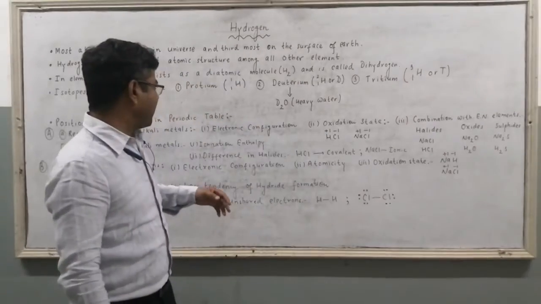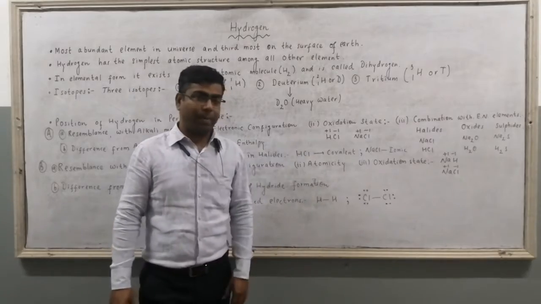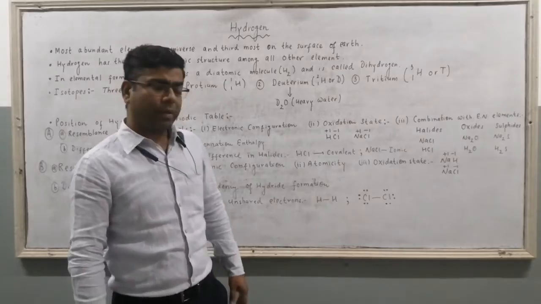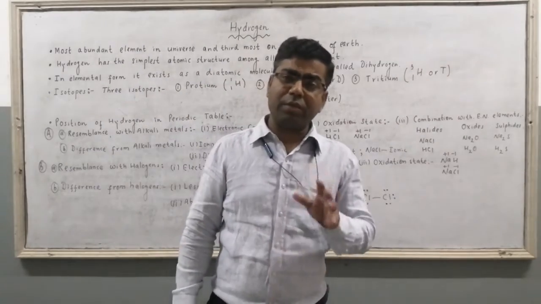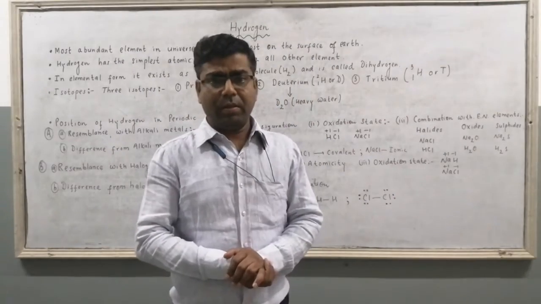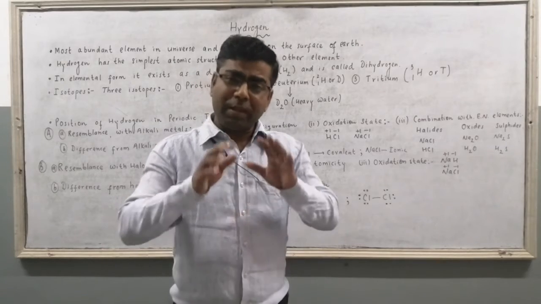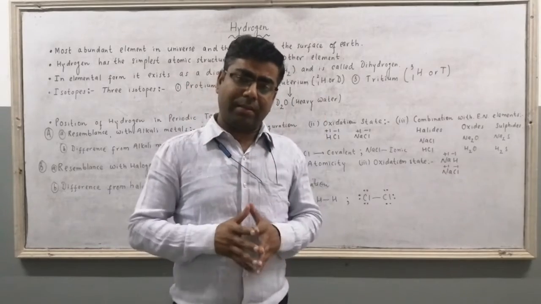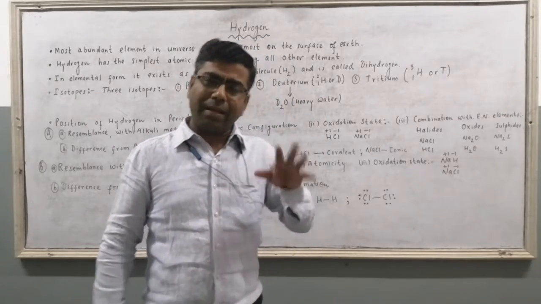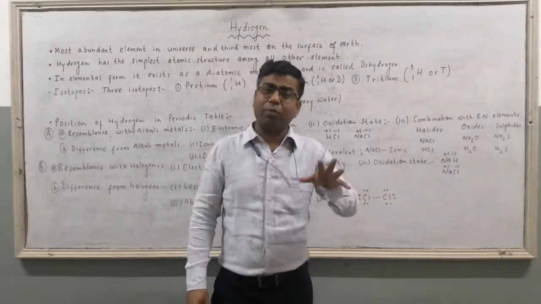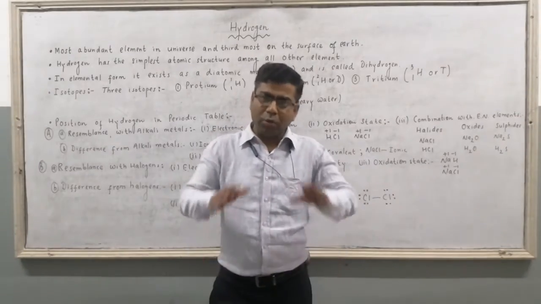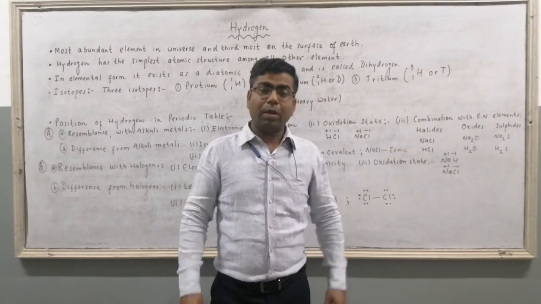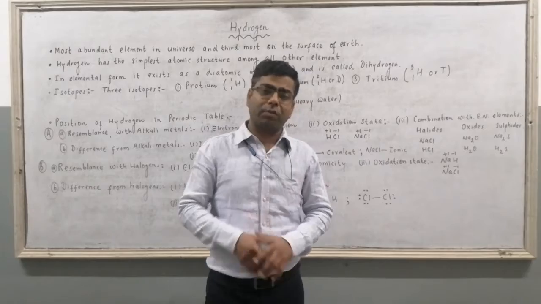Then comes point number 2, oxidation state. In most compounds, hydrogen exhibits the +1 oxidation state, and +1 is the only oxidation state for alkali metals. Whenever alkali metals like lithium, sodium, potassium, rubidium, cesium undergo chemical combination with other elements, they always exhibit an oxidation state of +1.